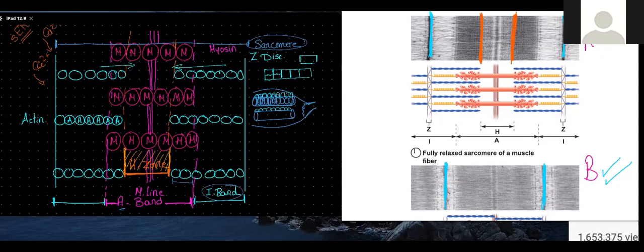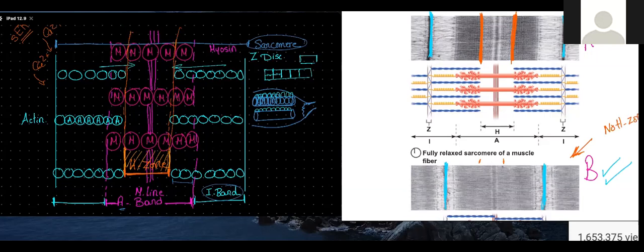It has only thick filaments, not overlapped with thin filaments. This region on here, what did we call it? H zone, exactly. H zone. So what happened to this H zone? You still have it in here? When you contract the muscle, you still have an H zone? Yes or no? No H zone.